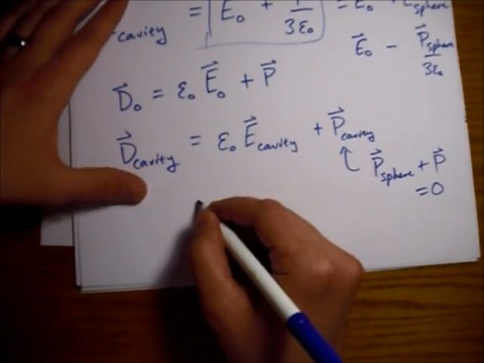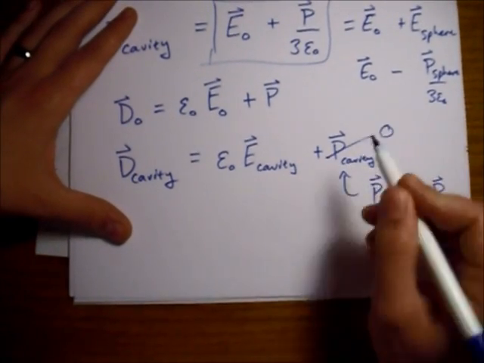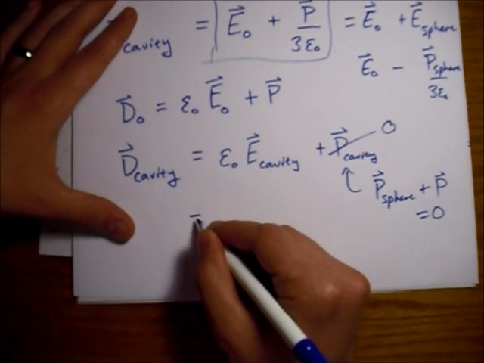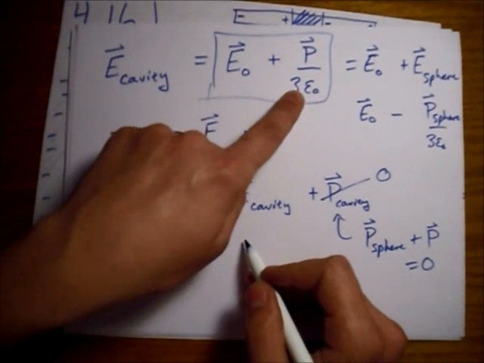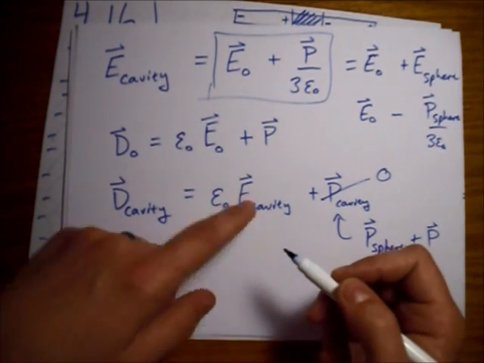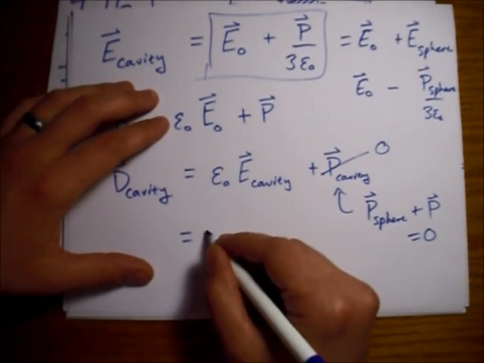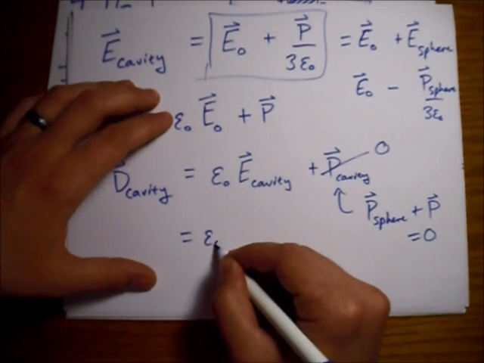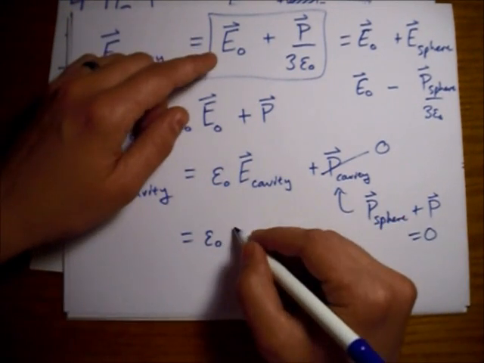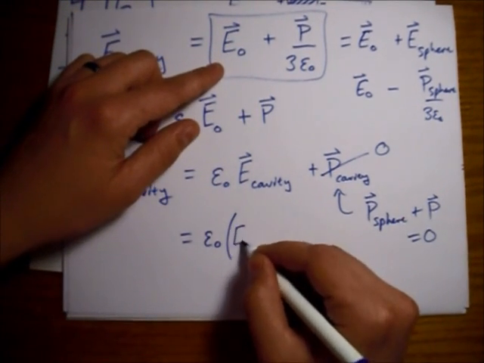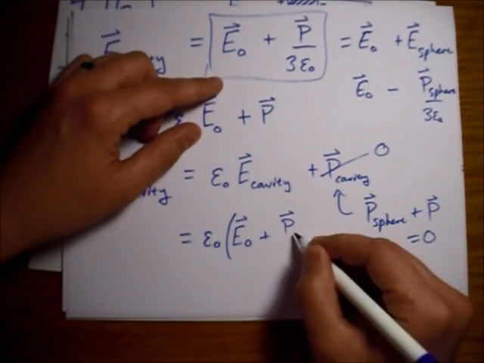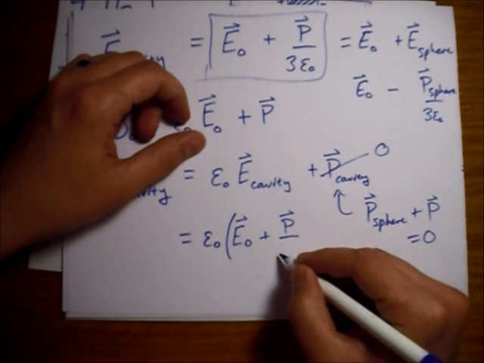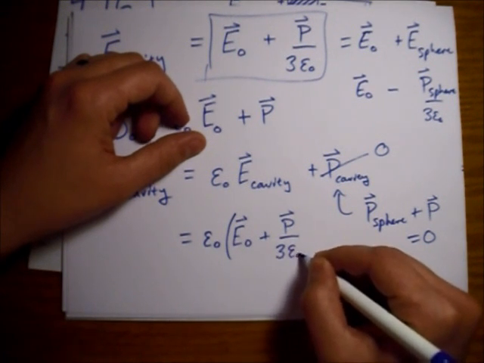So this term is 0. Now we're just going to plug in this E of the cavity that we found already. So we have our permittivity of free space right here, and then we have E naught plus the original P from the problem over 3 epsilon naught.